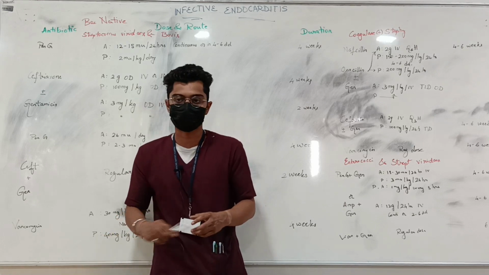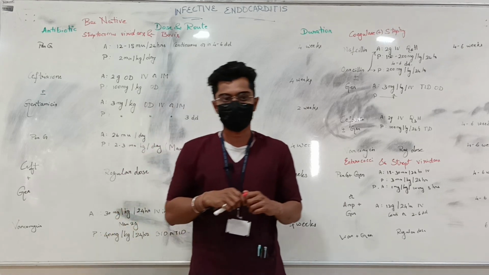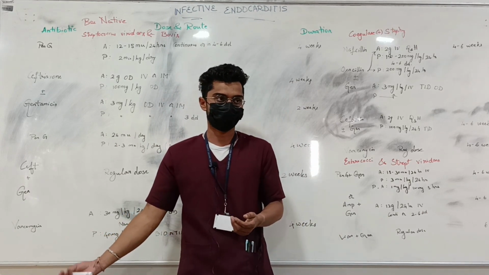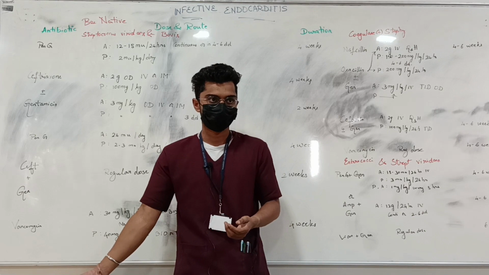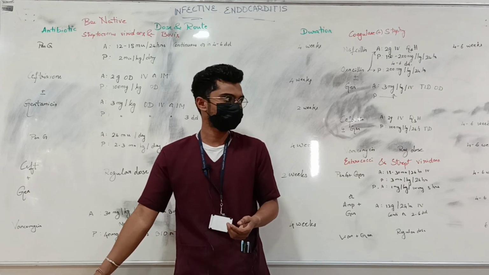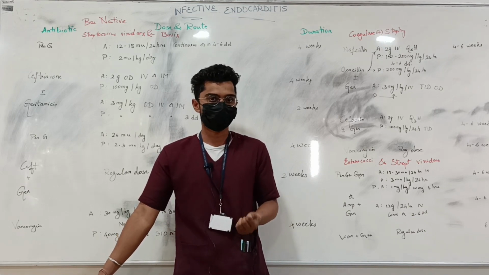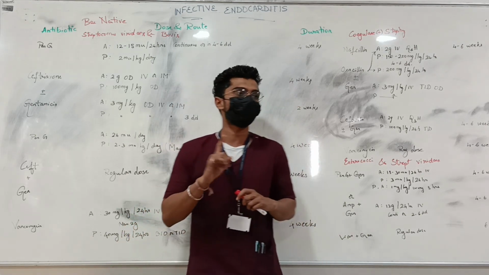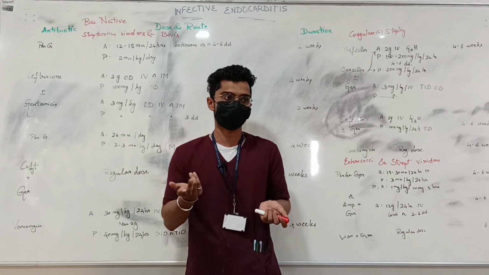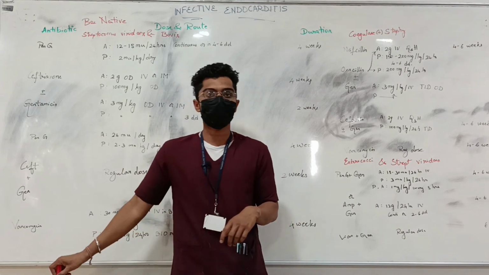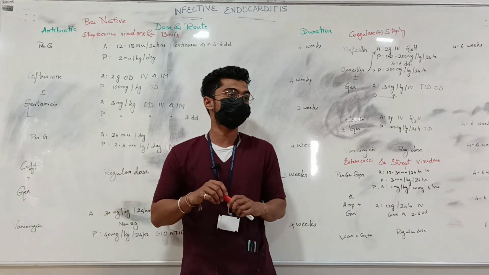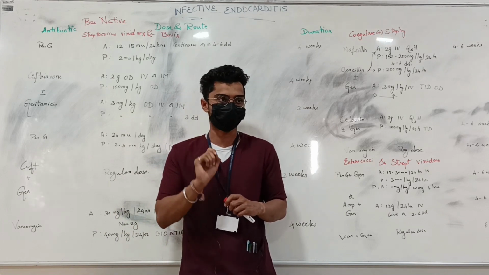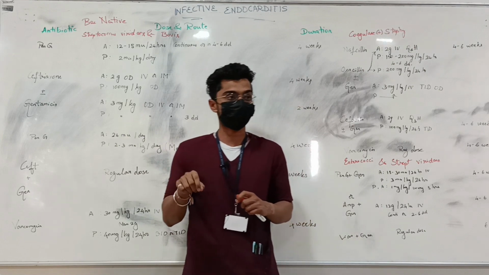Next is the diagnostic tools. How will we diagnose an infective patient? What parameters do we check? WBC, then culture reports. For other infections we take just one culture report, or at most two. But in infective endocarditis we need at least 2 to 6 culture reports within a period of 24 hours, so that we get the exact organism.